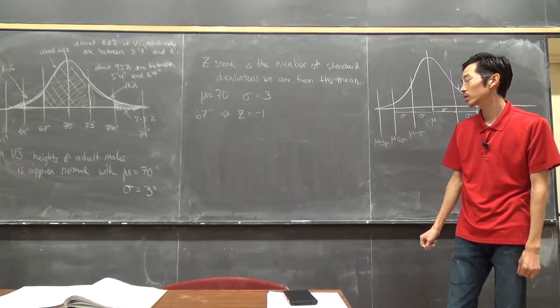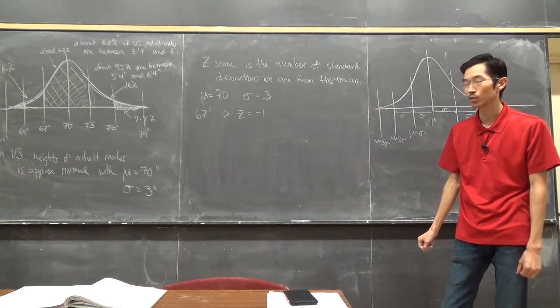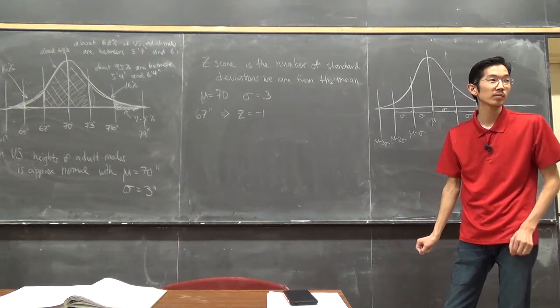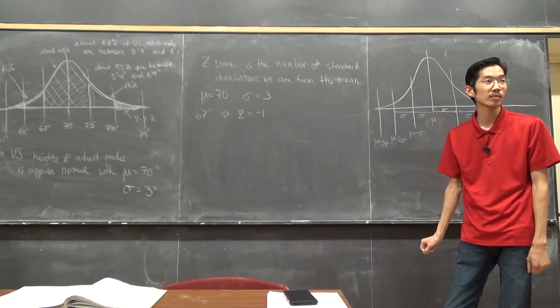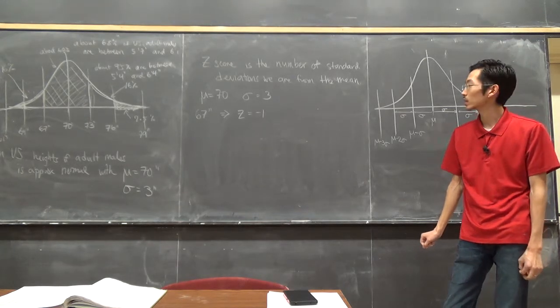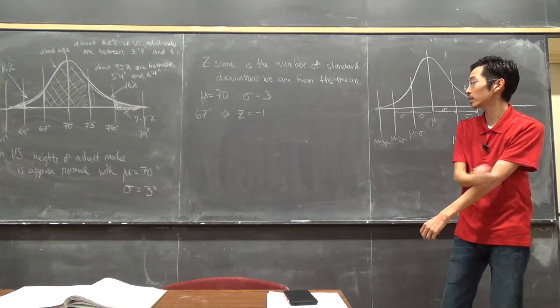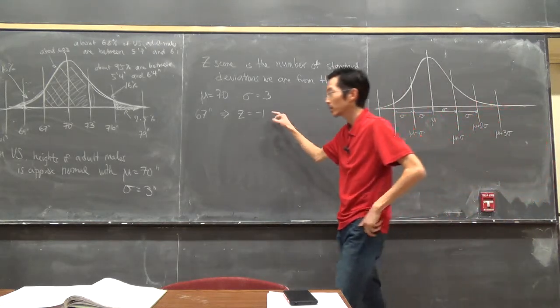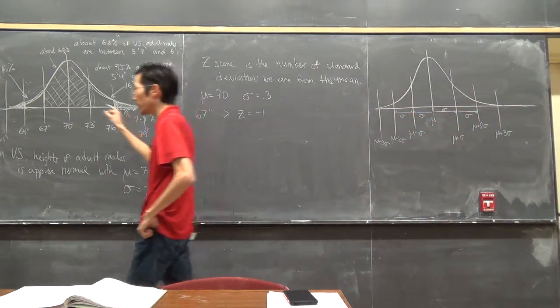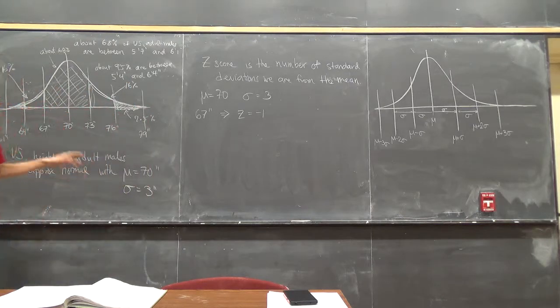So 67 inches is equal to z equal to -1. So -1 is not the standard deviation of 3. It's saying we are 1 standard deviation below the mean. 67 inches is 1 standard deviation below the mean. That's what it's saying. Each standard deviation is 3 inches.